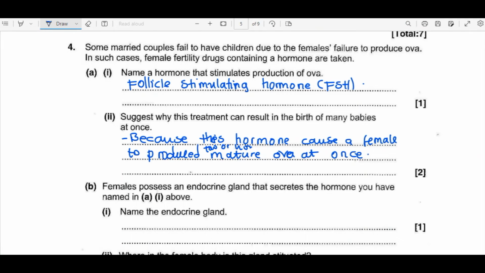So that's the reason we may have two or more mature eggs at once.